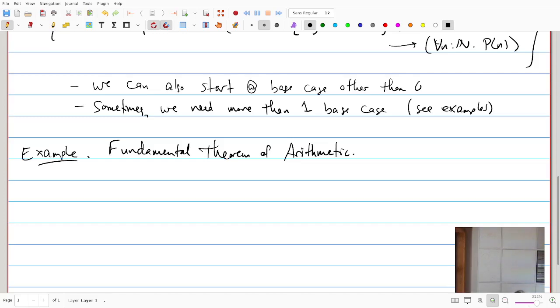So we're not actually going to prove the entire thing, we're going to prove part of it. If you recall, the theorem basically says every positive integer can be written as a product of primes.